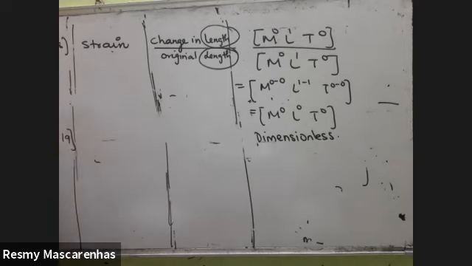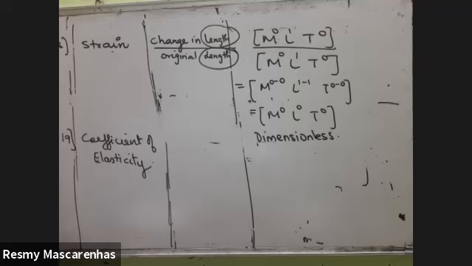Coefficient of elasticity. All these terms you will understand in detail as we move on to the chapters later on. Obviously I cannot sit and explain the whole chapter. I'm just giving you a rough idea of what exactly it means. Stress, strain.